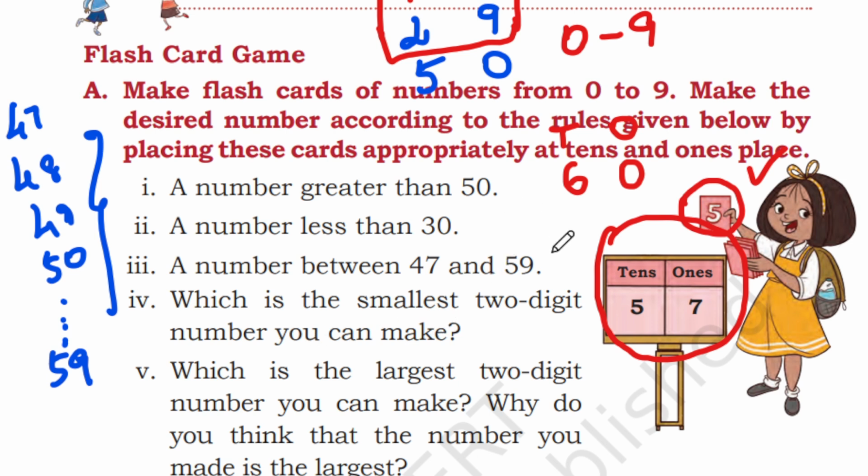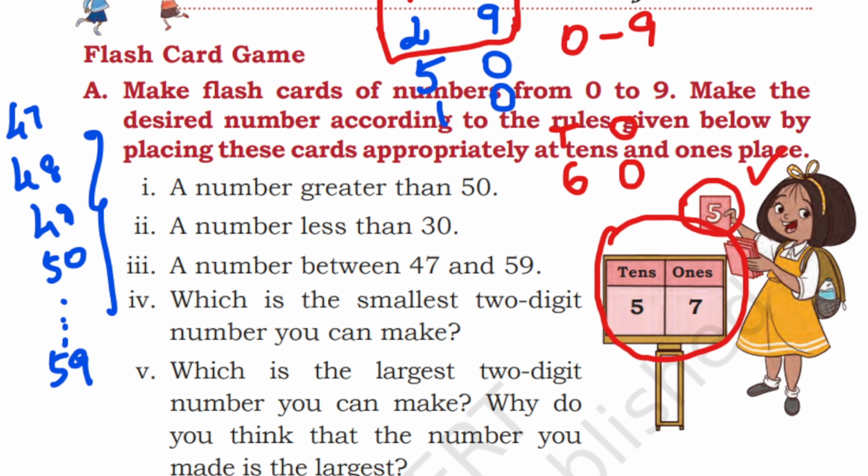So which is the smallest two-digit number you can make? We can make 10. So 10 is the smallest two-digit number here. So which is the largest two-digit number you can make? Why do you think that the number you made is the largest? So they are asking which is the largest two-digit number you can make.